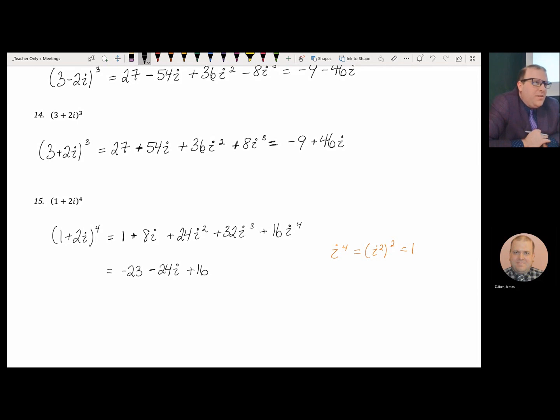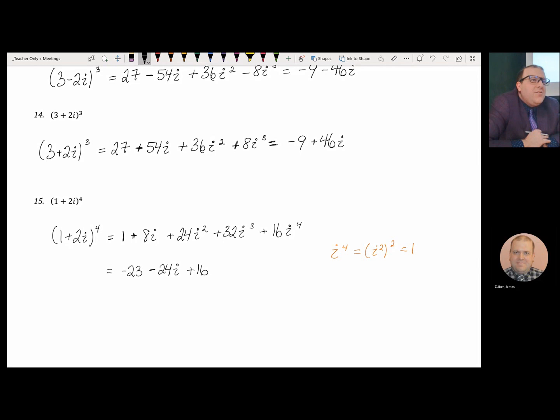So i to the 4th is positive 1. What do we think i to the 5th is going to be then? i. Just positive i. Which means it repeats every 4th power.